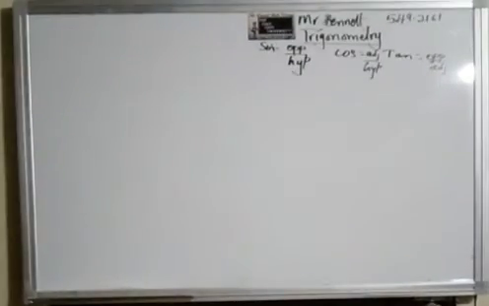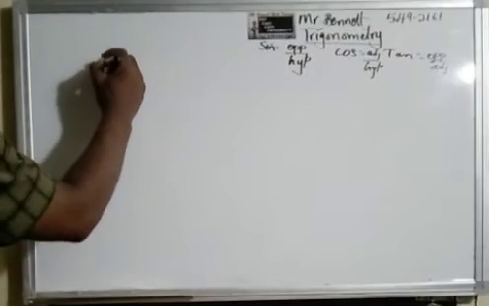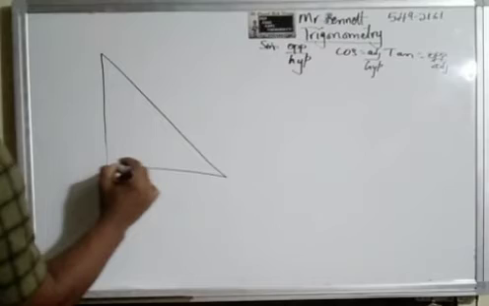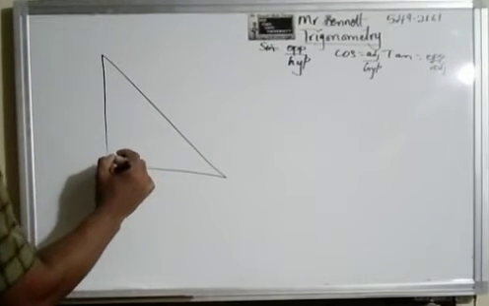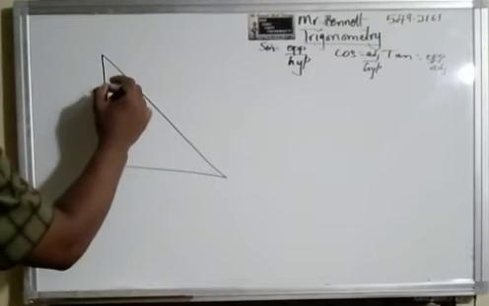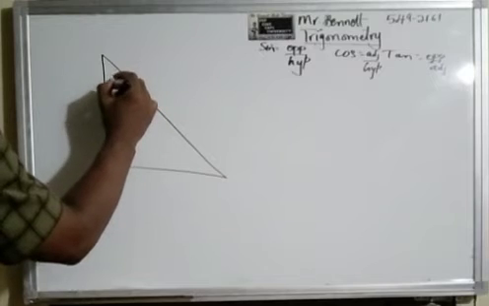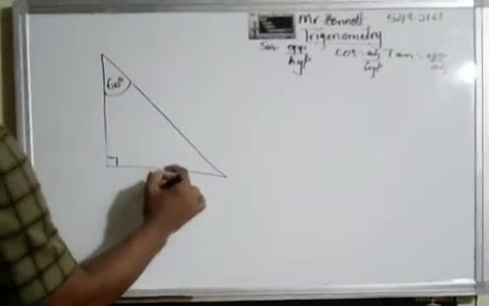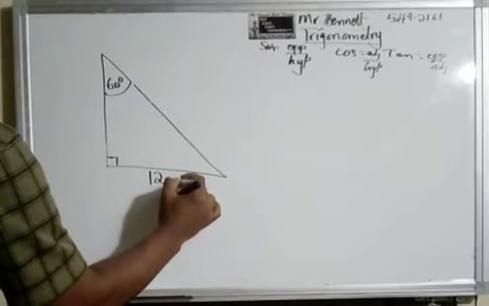Now, I'm going to teach you a very important thing. How do you know which one of the trig ratios to use? So let's say we are given this angle to be 60 degrees and this side to be 12 centimeters.